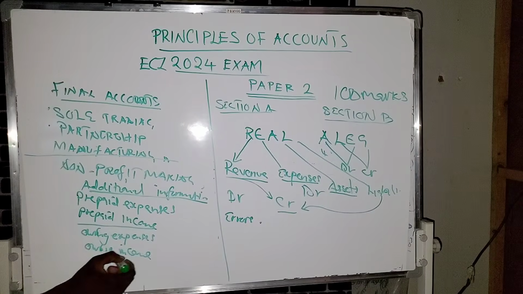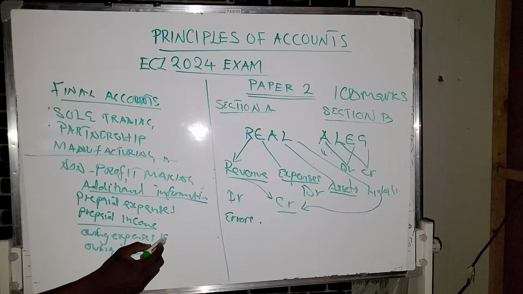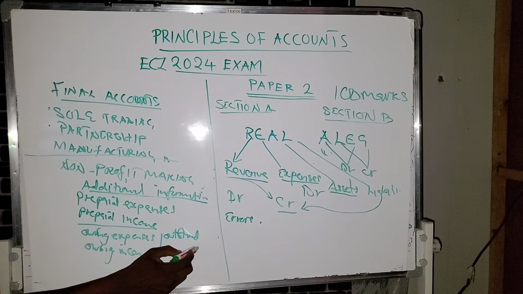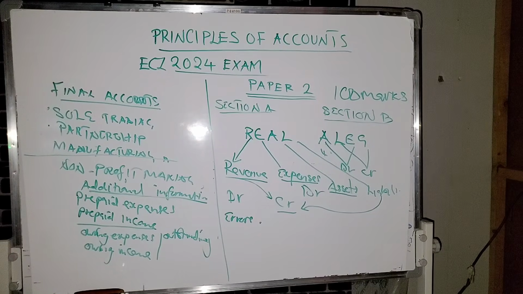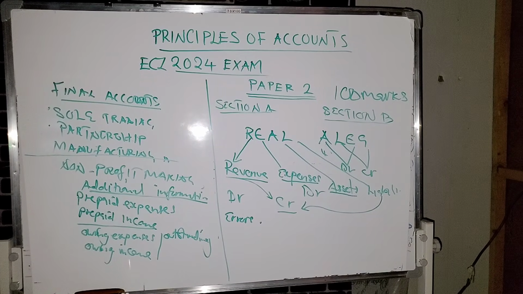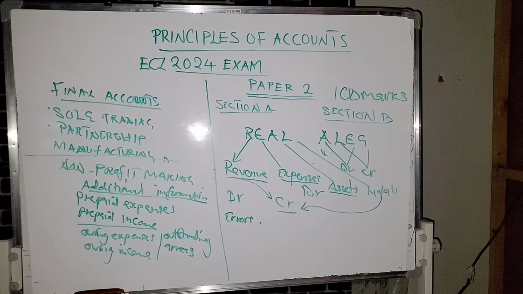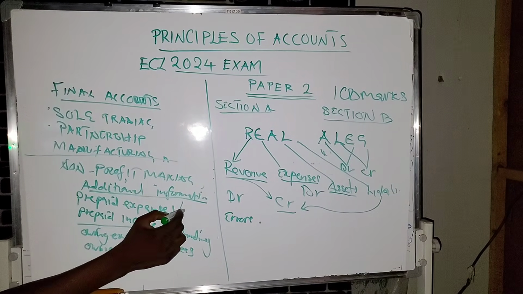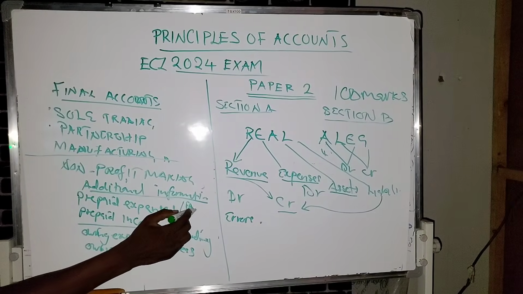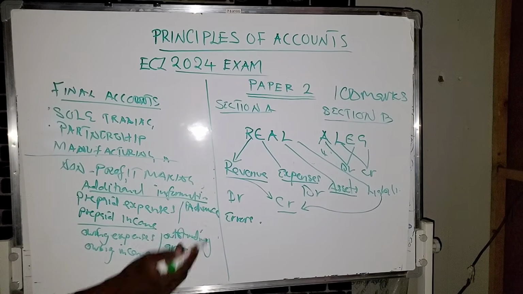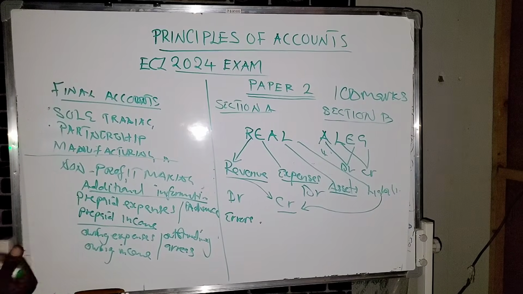Examples of owing here, you may have outstanding balance, or arrears. What else is used to refer to owing here? Prepaid is paying in advance. You should know those.